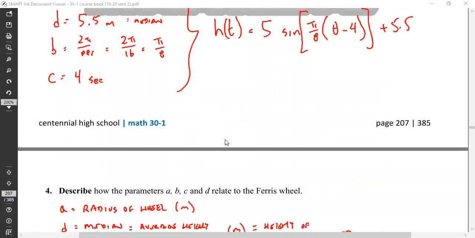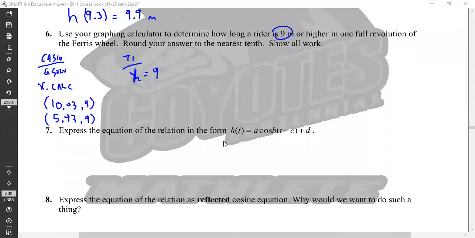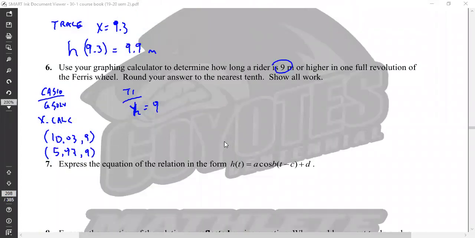And we need to find intersection. So go second trace. And I think number 5 is intersect. So second trace button has all of your calculating features for your graph. And then I think it's number 5 is intersect. And it asks, what's the first curve, what's the second curve, and where's your guess?